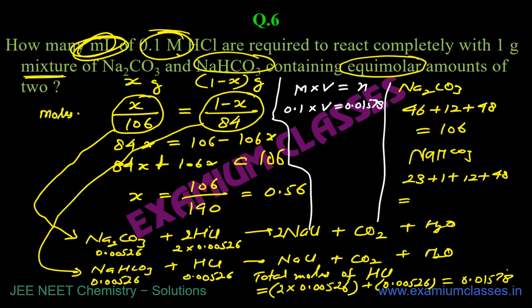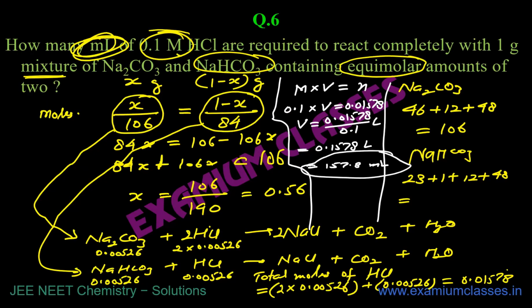It means volume is 0.01578 divided by 0.1 liters. That is 0.1578 liters. That is 157.8 milliliters. That is the answer.